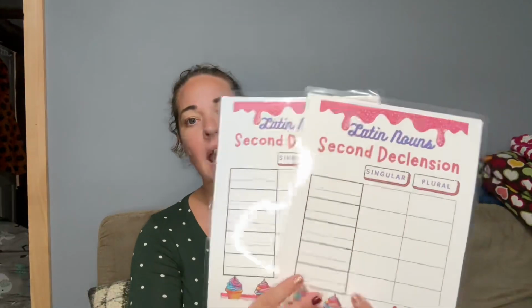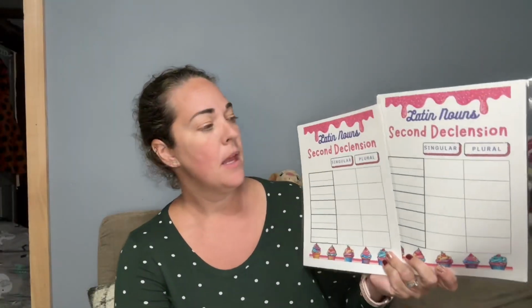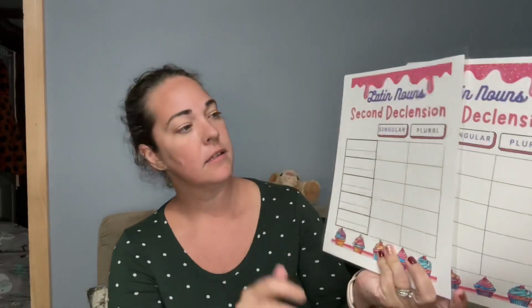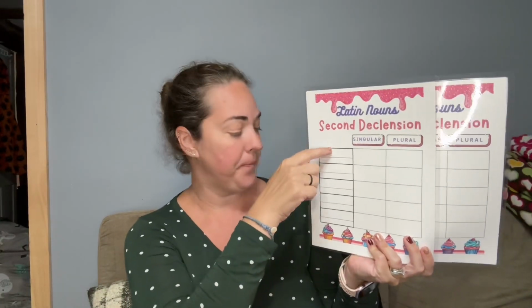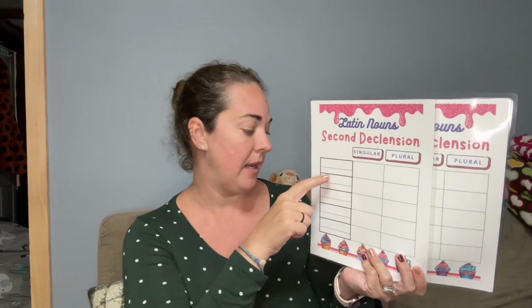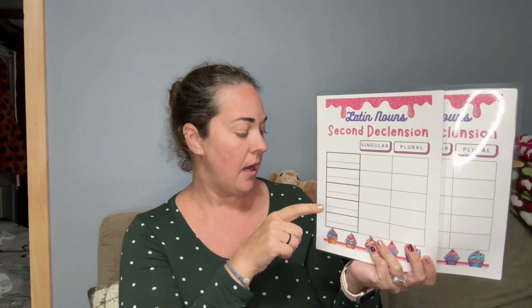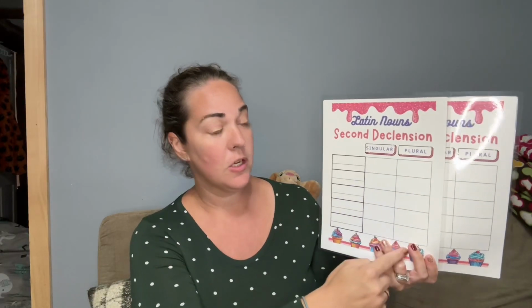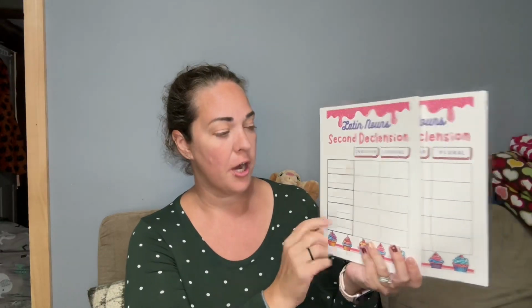But we had a couple of activities that I've done at home and in community that I'm going to show you right now. The first one is I have these two sheets and I will link them below. It's just a blank chart here. You can have your kids write in what the different words are, like nominative, genitive, dative, accusative, and ablative, and then have them write what the singular and plural Latin noun second declensions are.